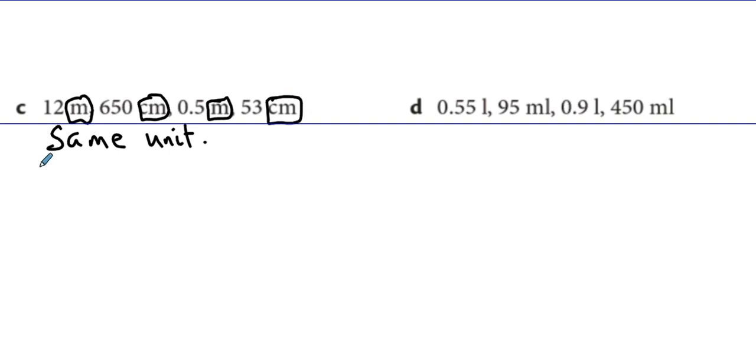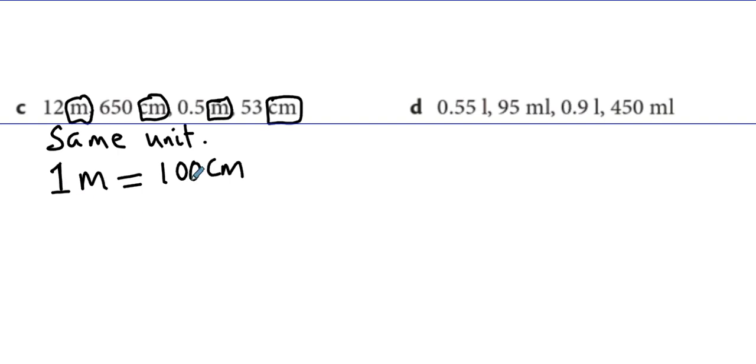So here the idea is to change all these measures into the same unit. So we have to maintain the same unit. Now what is that? We have meter, we have centimeters, we have meter, we have centimeters. So we are going to change meters into centimeters. And the conversion factor is 1 meter equals 100 centimeters.